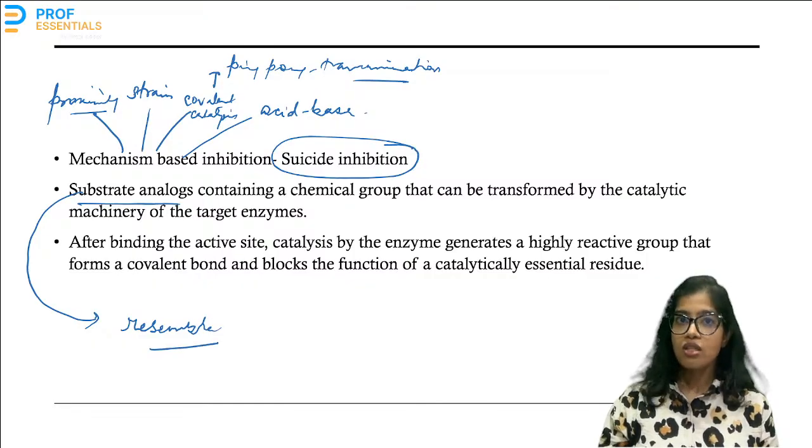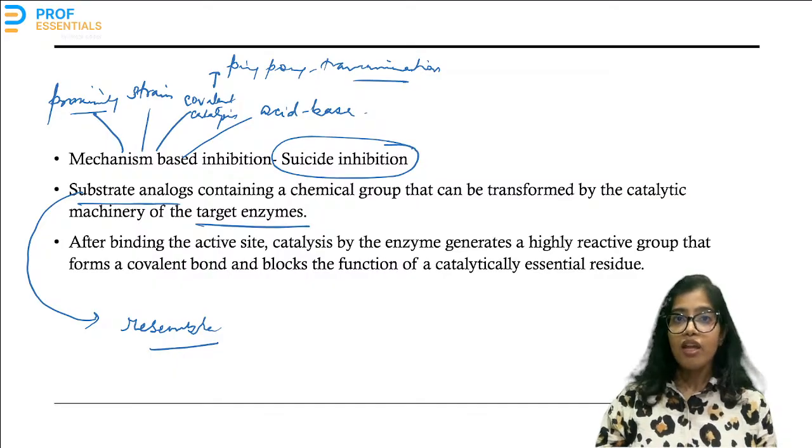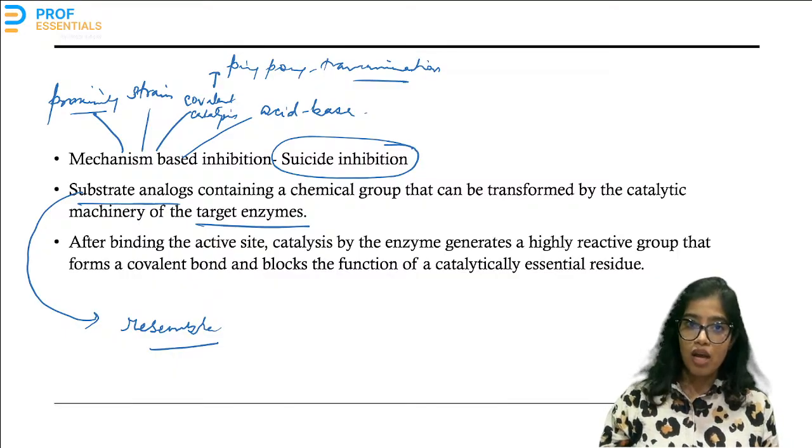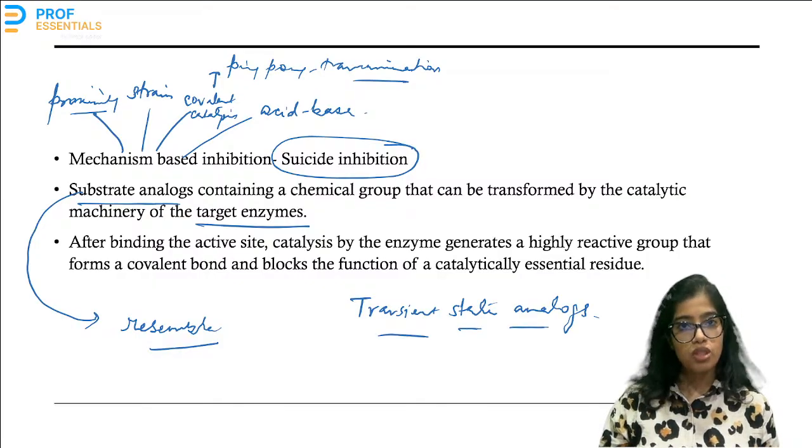Substrate analogs containing a chemical group that can be transformed by the catalytic machinery of the target enzymes. See, when we were reading about covalent catalysis or catalysis by strain, we came across transient state analogs, right? What we read was these analogs are produced by pharmaceutical industries to resemble the substrate.